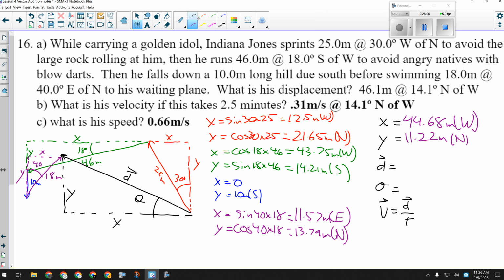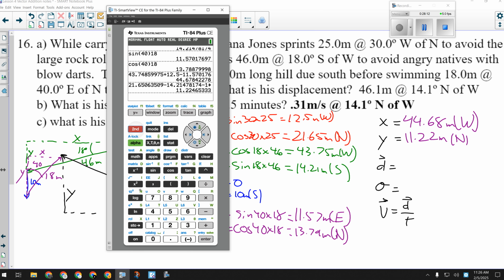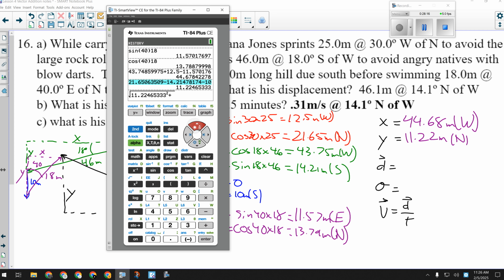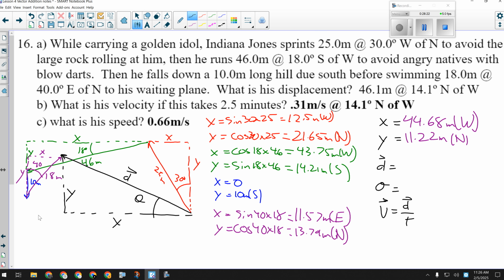Now I can calculate what D is. D is just going to be Pythagorean theorem of those two sides. So square root of that one squared plus that one squared is going to give me 46.1 meters. Then I'll need theta. Theta is going to be y over x.